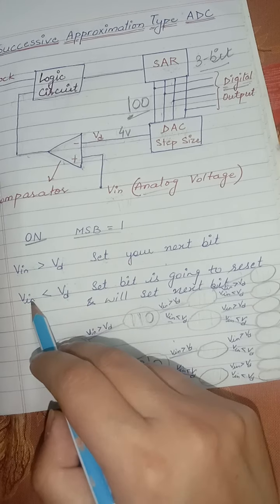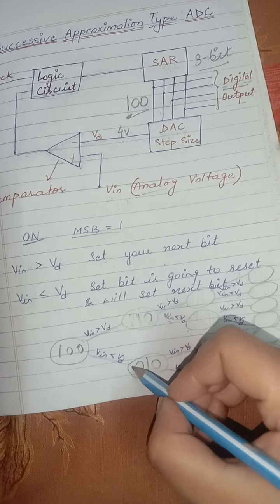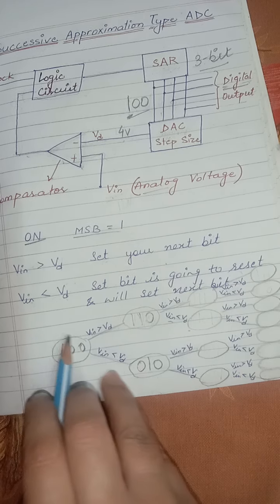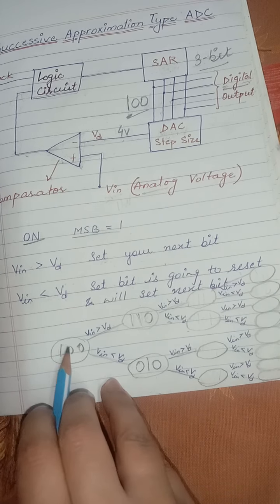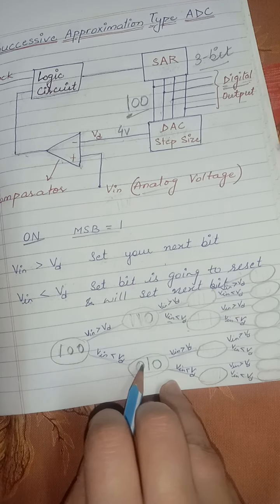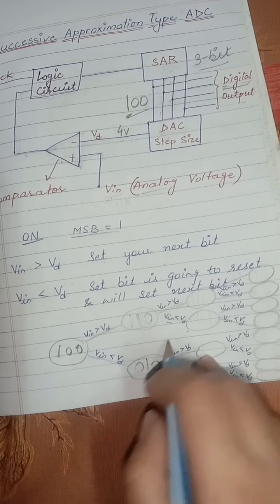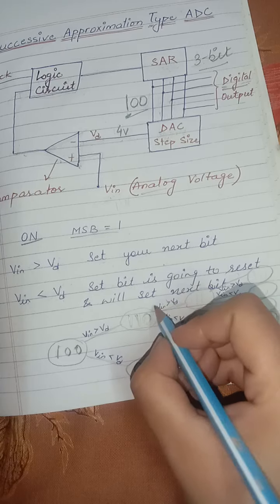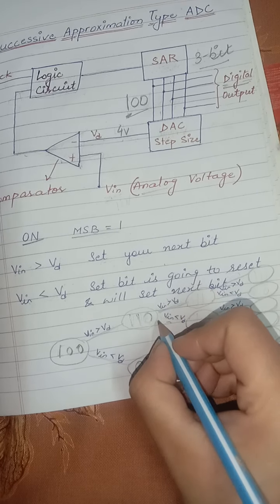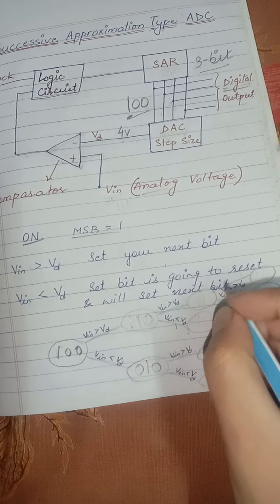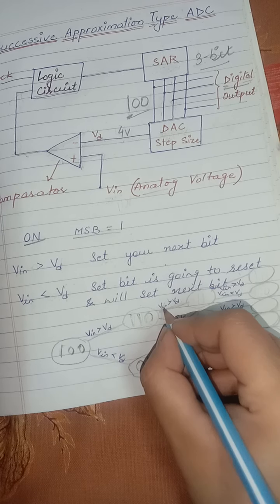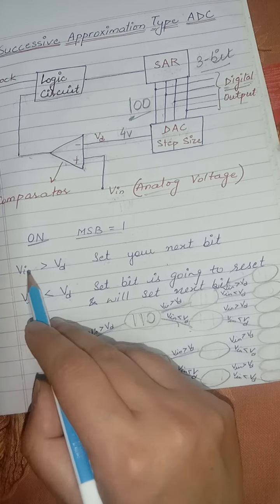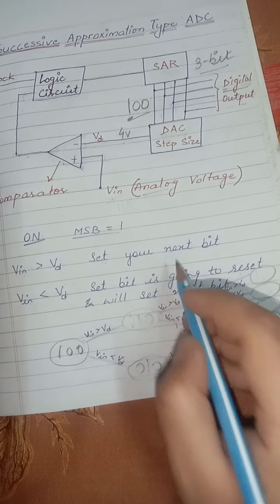In the other case, when VIN is less than VD, the 1 that is already set will be reset, the next bit will be set, that is from 0 it will be 1, and again 0. Again for both of the cases we will have two cases, VIN is greater than VD, VIN is less than VD. So here if VIN is greater than VD, set your next bit.